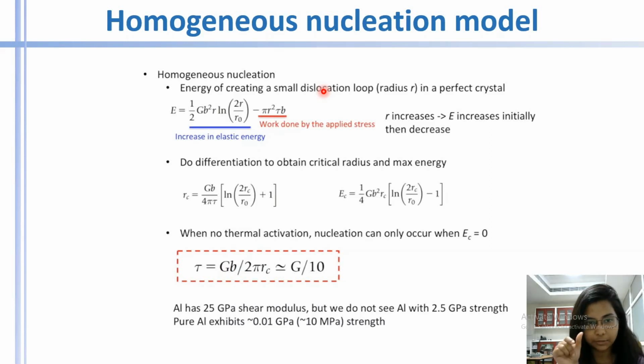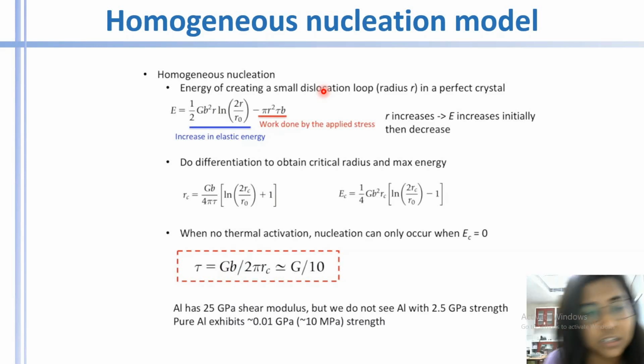And in the second part we have r². Remember, r is simply the radius of the dislocation loop. The first part of this equation describes the increase in elastic energy during the creation of the dislocation loop, and the second part describes the work done by the applied stress.